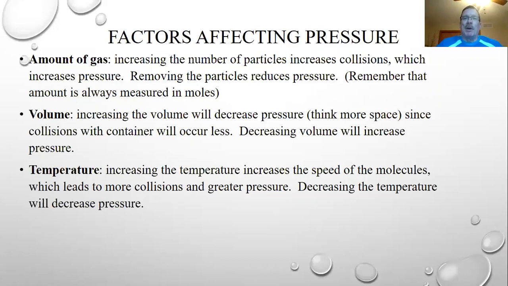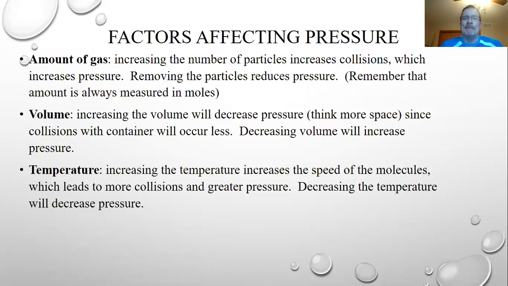Factors affecting pressure. One thing about gas, as we'll see in the math, is that it's very linear. Okay. And there are different things that affect pressure and the behavior of a gas and its compressibility. One is the amount. If you have a container, the more particles you have, the more moles of gas in that container, the more times they're going to collide with the side of the container, and that's going to be a higher pressure.